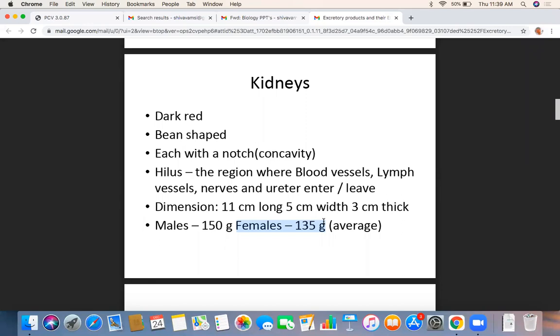You see that males are normally taller and heftier than women. So basically it is all functional. It is just the average that we are talking about. Whenever I'm trying to tell average, it is different.